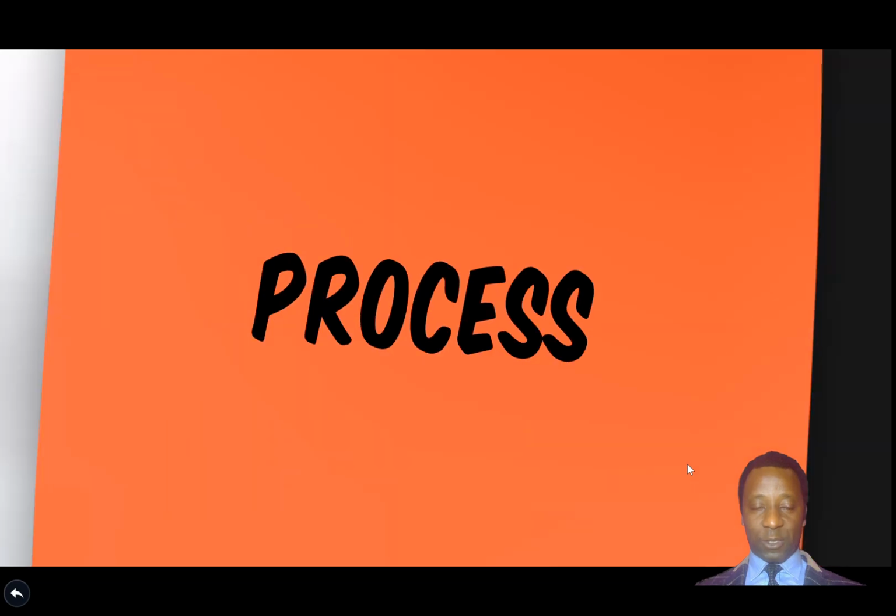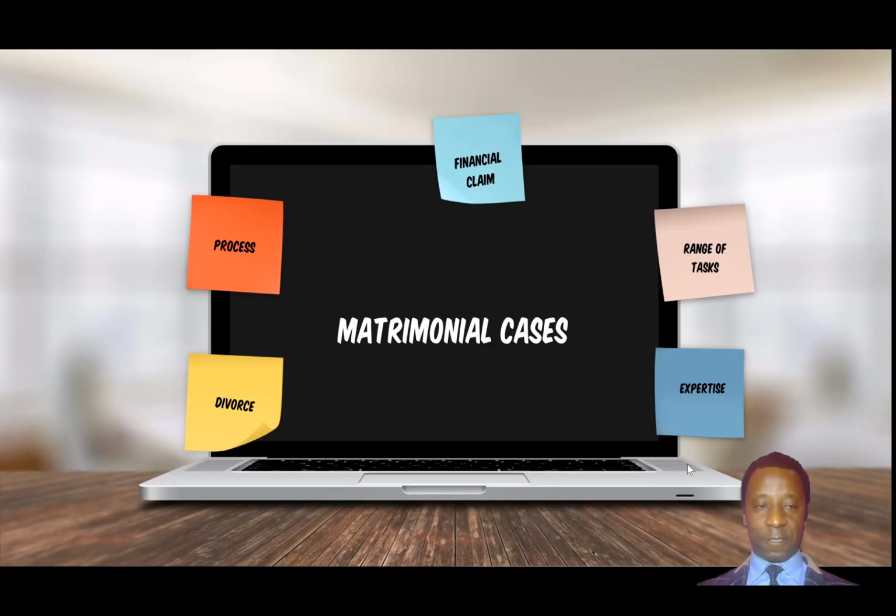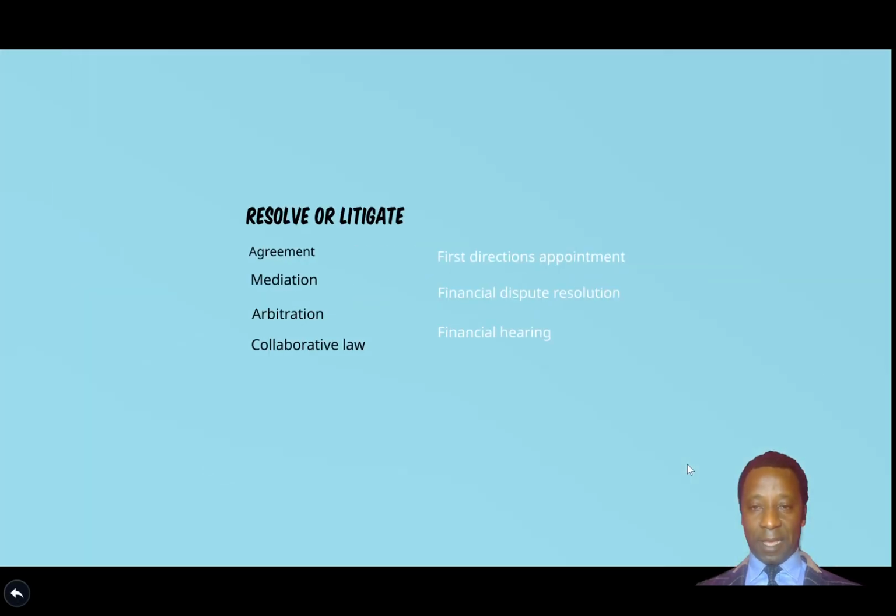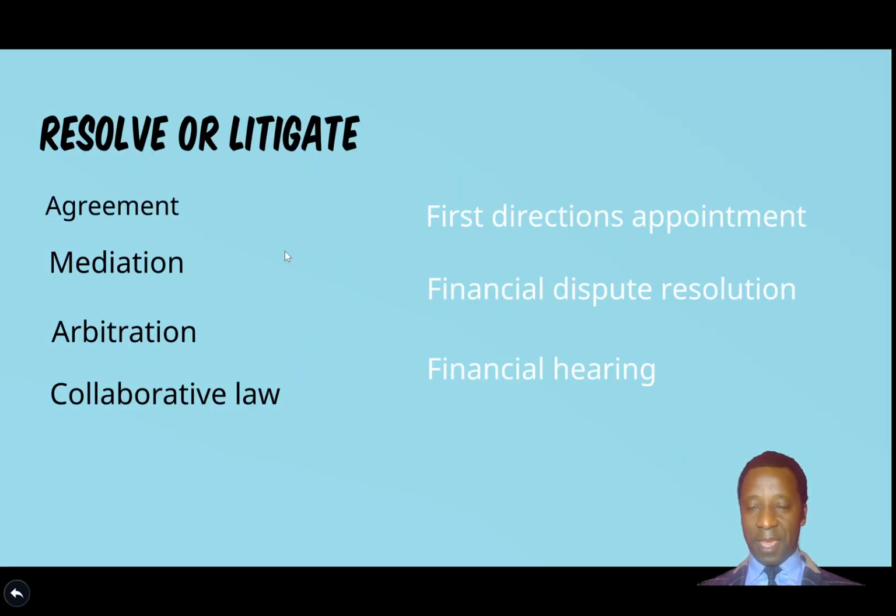So let's assume that there is a divorce proceeding going through, or a dissolution proceeding, and let's assume that there is a claim for financial remedies. That claim, as I said, could be made and settled out of court. So the parties may informally agree, or they may go through mediation or arbitration or through collaborative law.